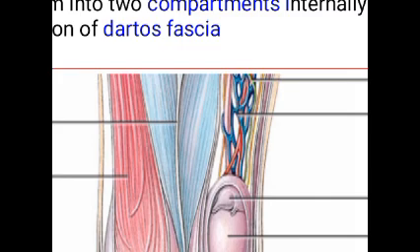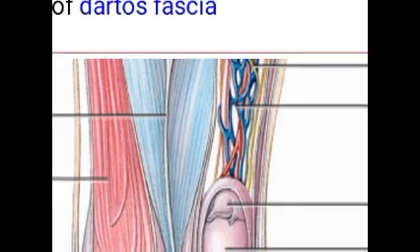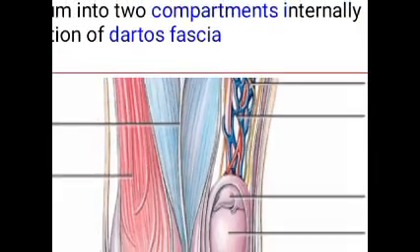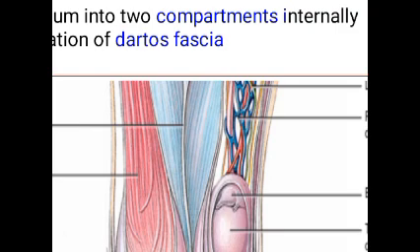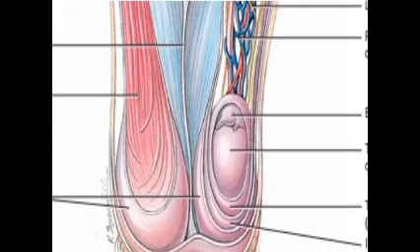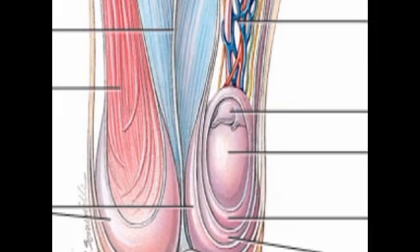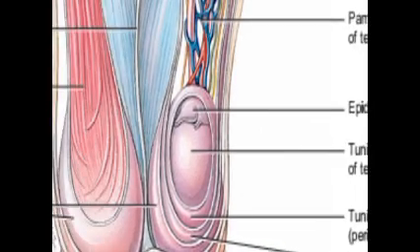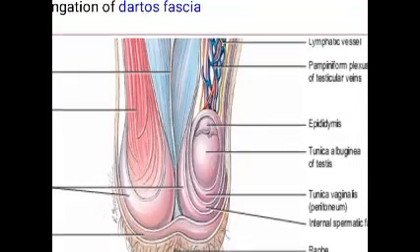Lymphatic vessel, pampiniform plexus of testicular veins, epididymis, tunica albuginea of testis, tunica vaginalis or peritoneum, internal spermatic fascia.